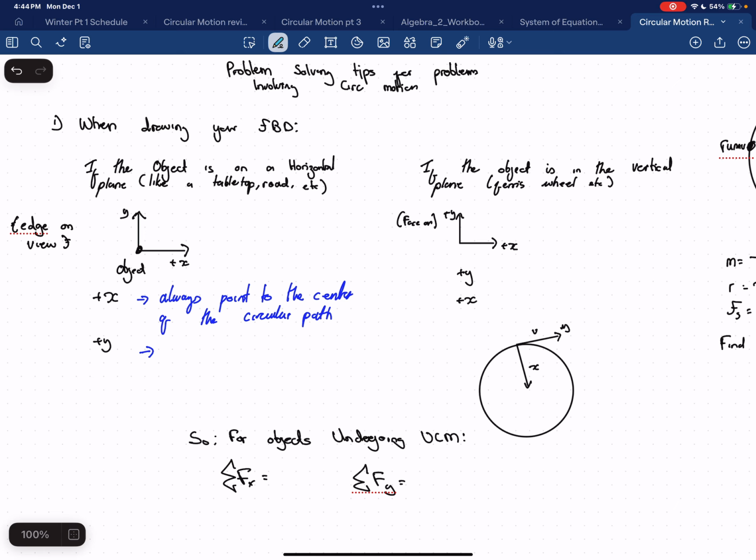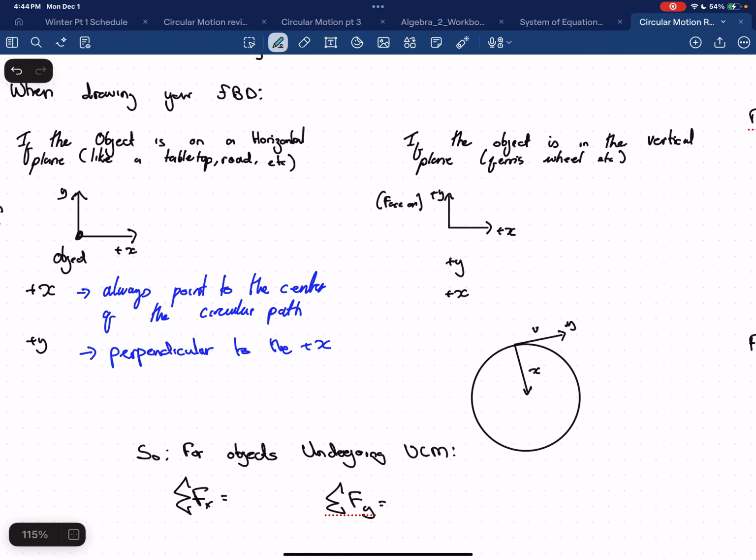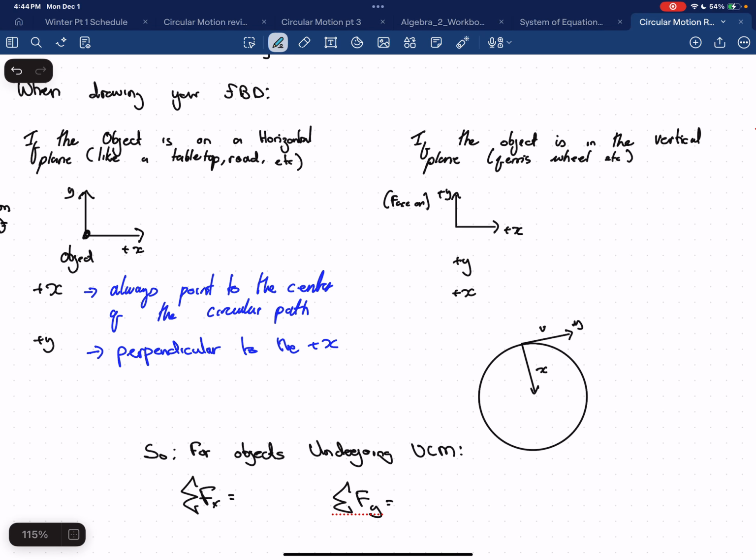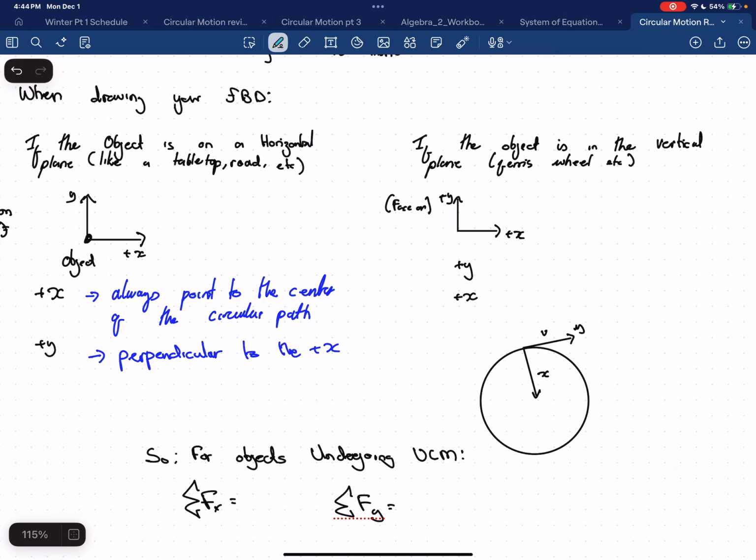Then my plus y will be perpendicular to the plus x. So if I have an example problem earlier, you see what I mean. Most problems are edge on. There are very few where you have to worry about the vertical plane. But it's still something good to know about circular motion problems.